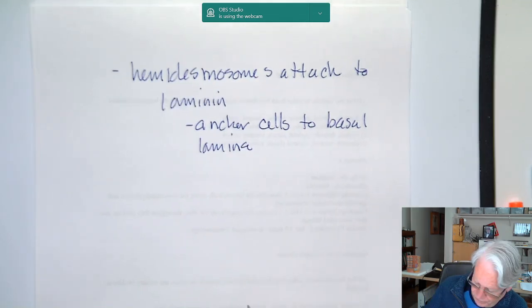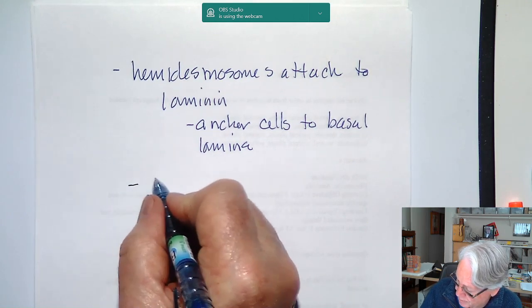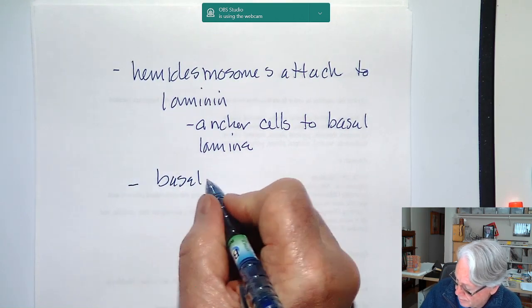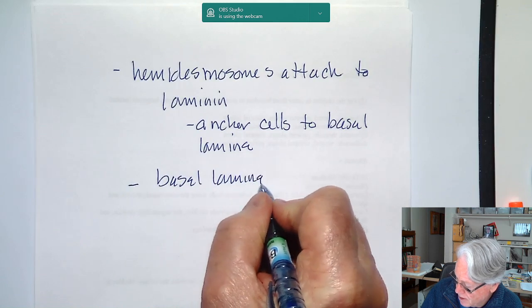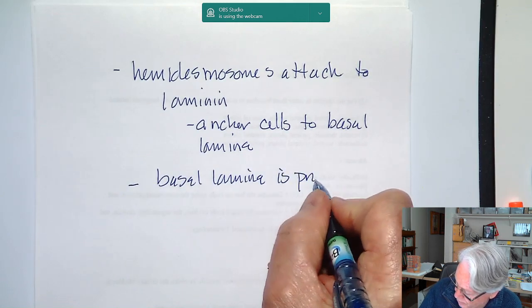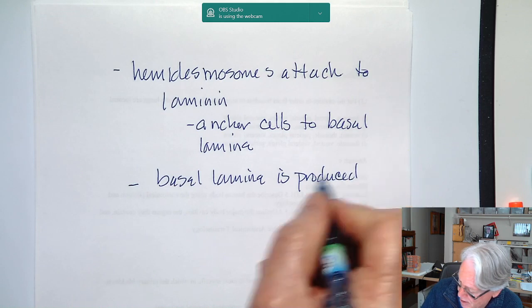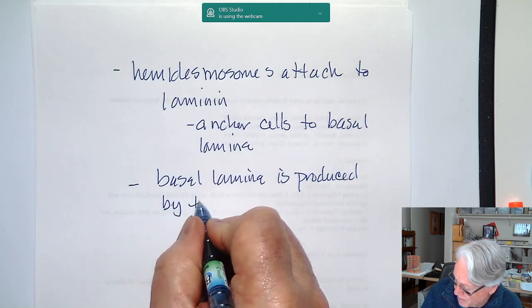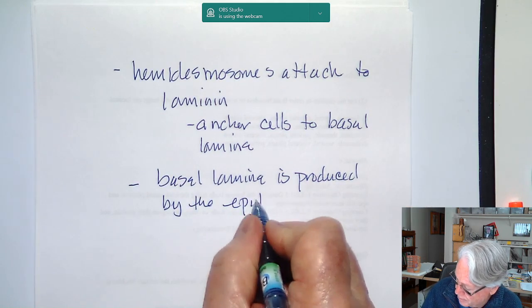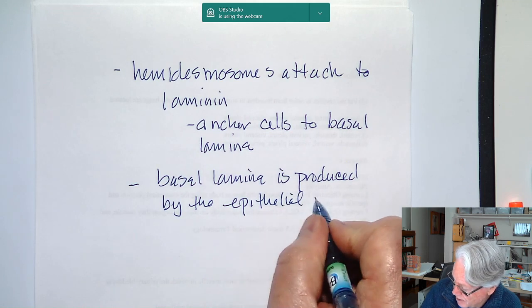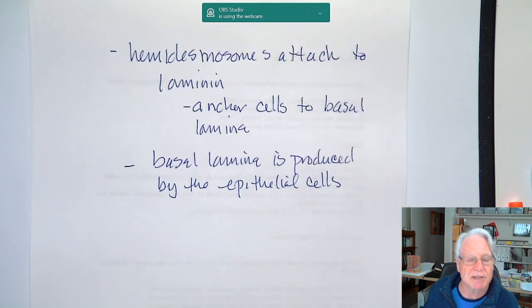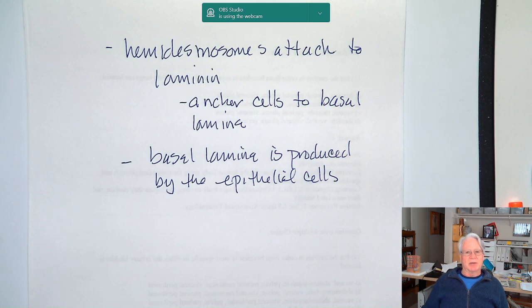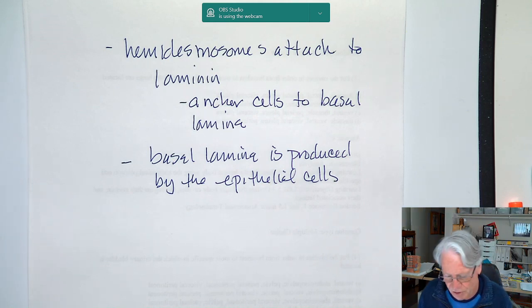Okay. The basal lamina is produced by the epithelial cells. And this is why it's always present, because it's a product of the epithelial cells. And the reticular layer, as we'll see, is a product of the underlying connective tissue. Okay.